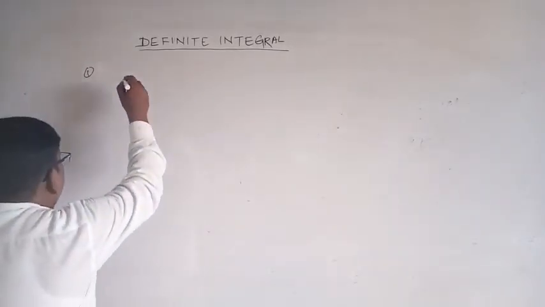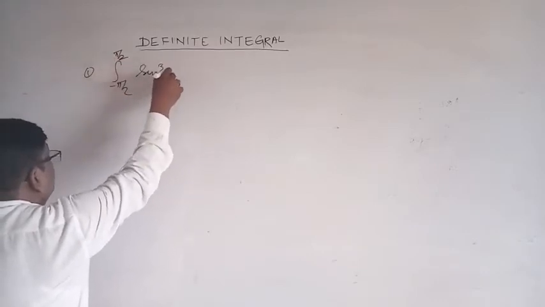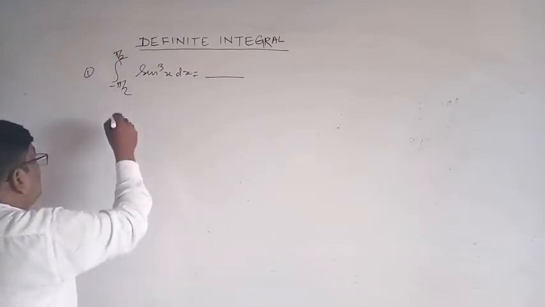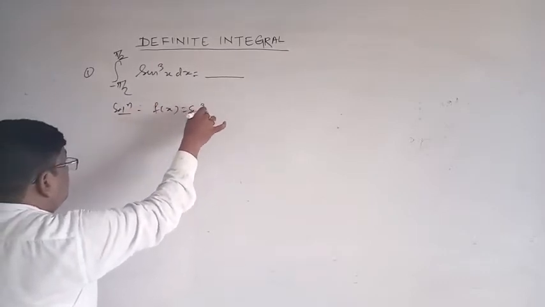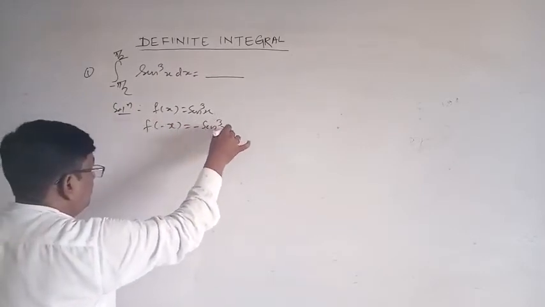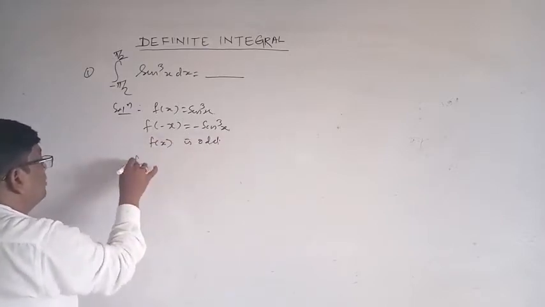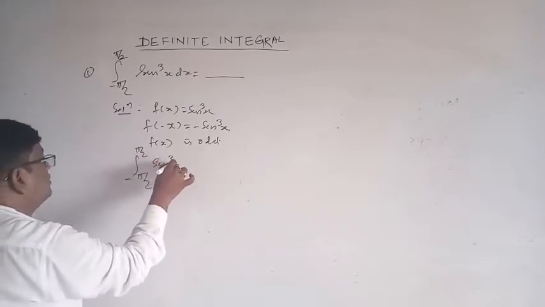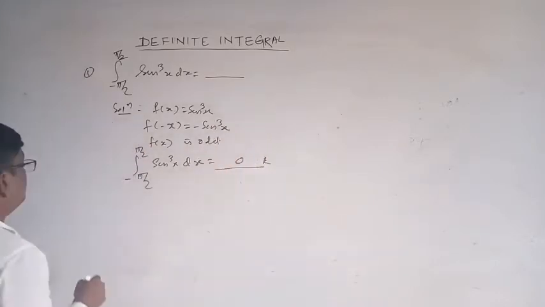Example: the integral from minus pi by 2 to pi by 2 of sin cube x dx. Solution: f(x) is equal to sin cube x, so f(minus x) is equal to minus sin cube x. Here f(x) is odd, so the integral from minus pi by 2 to pi by 2 of sin cube x dx is equal to 0. 0 is the answer.